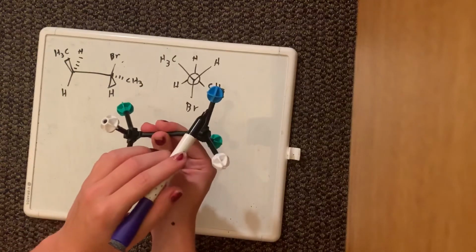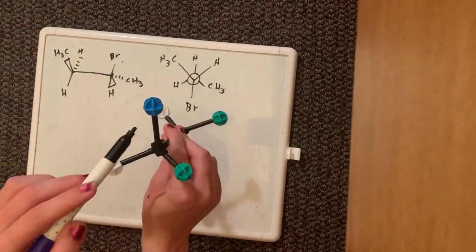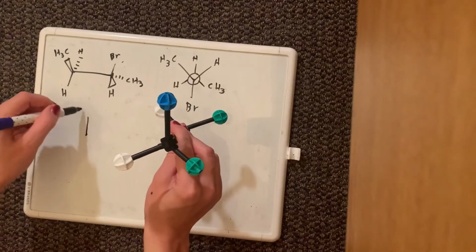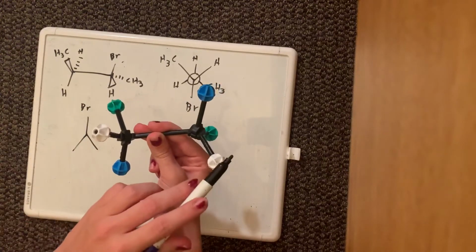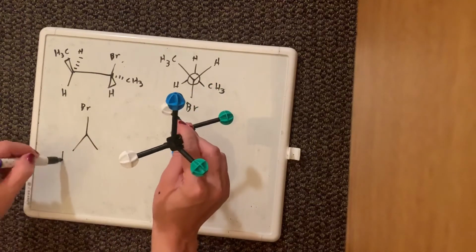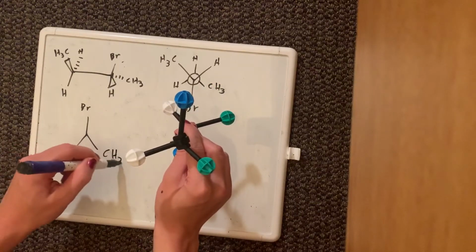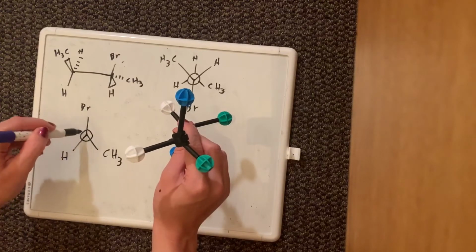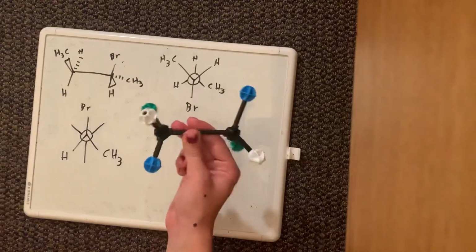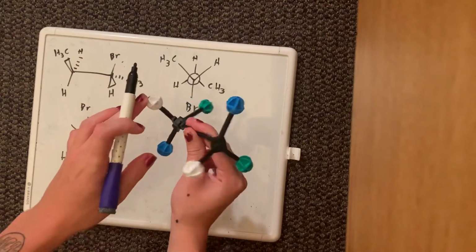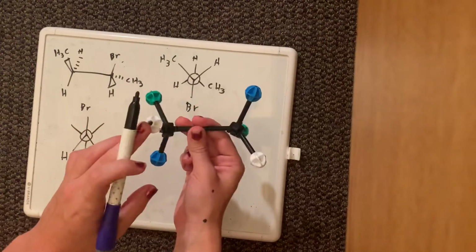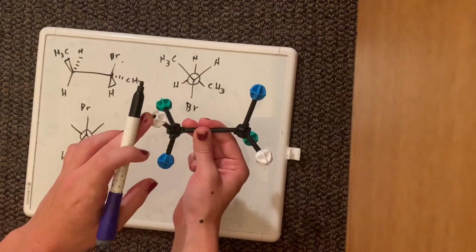Here's my bromine. So if I turn it like this, my bromine's gonna stay on the top. Here's my H. My H is gonna be on the left. My CH3 is on the right. Same thing with this. When this goes back, this is my CH3 because it's out at me as my wedge.